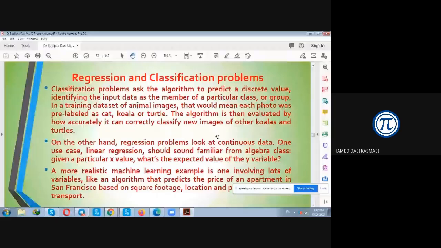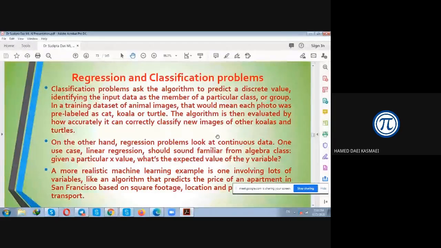Given a particular x value, what's the expected value for the y variable? Well, what is the expected value of y based on the function f? So do we have the function f here? We need to know more about these problems in artificial intelligence and machine learning.